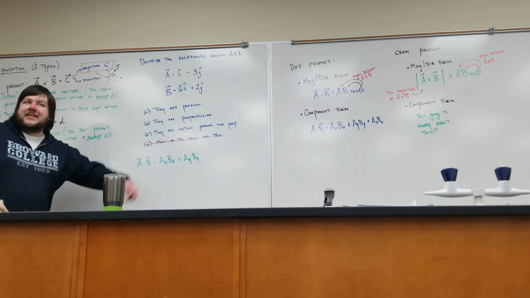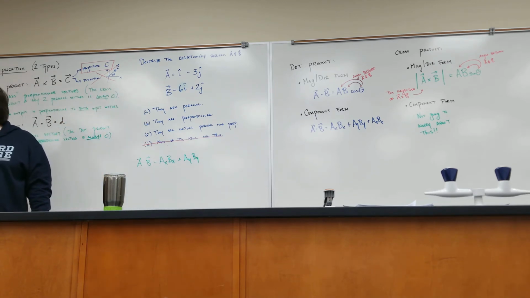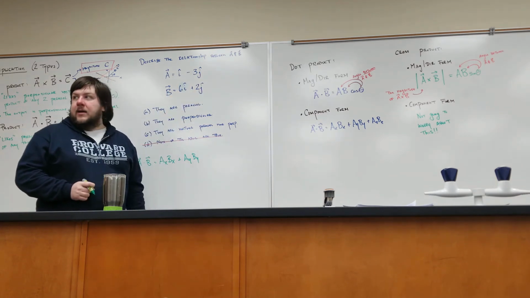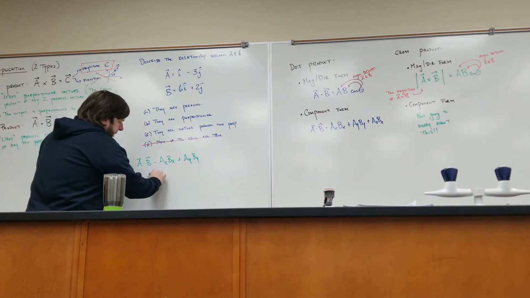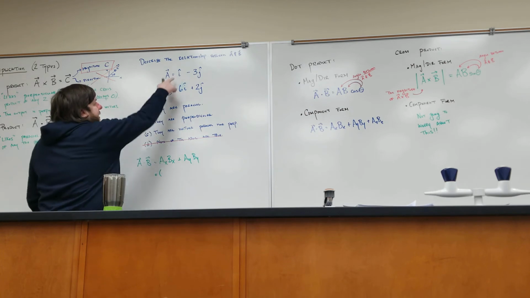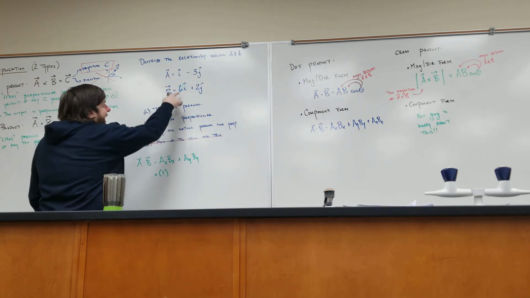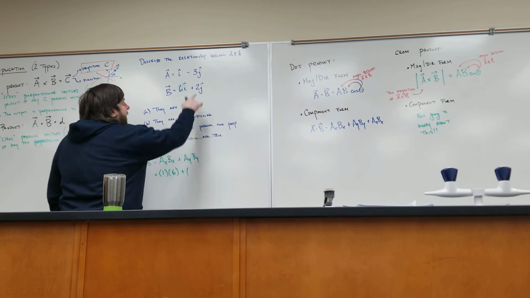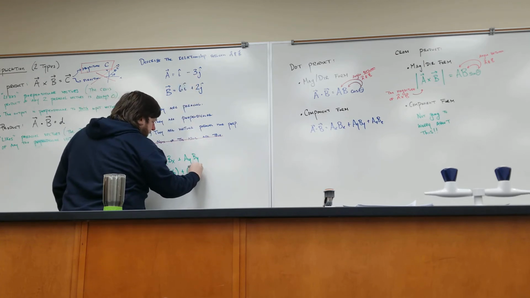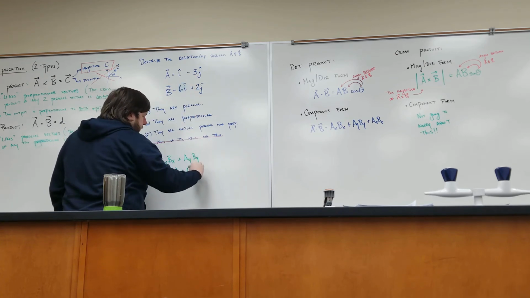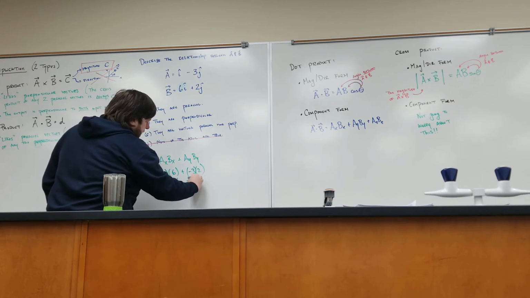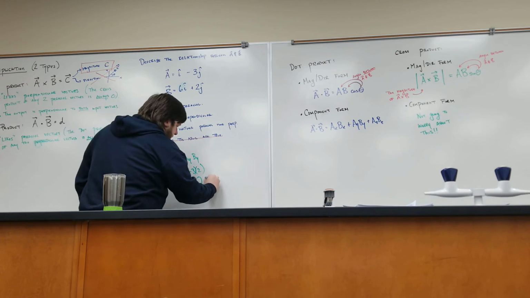We don't need to worry about the Z components because they are 0. This is plus 0K and plus 0K. Okay? So AX is 1, BX is 6, plus AY is negative 3, BY is 2. So this is 6 minus 6, which is 0.